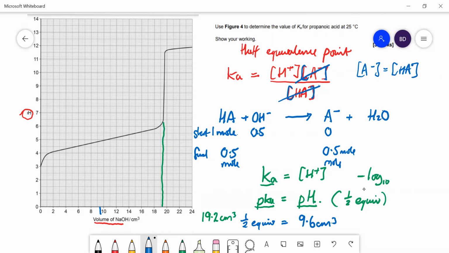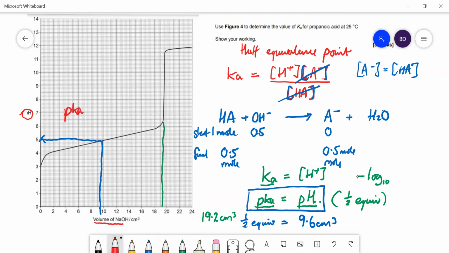Okay, so we extrapolate that line up, extrapolate that line across. I've done it very carefully. That's about 4.9. We can see there that because at half equivalence point pKa is equal to pH, we can say that the pKa here is equal to 4.9.